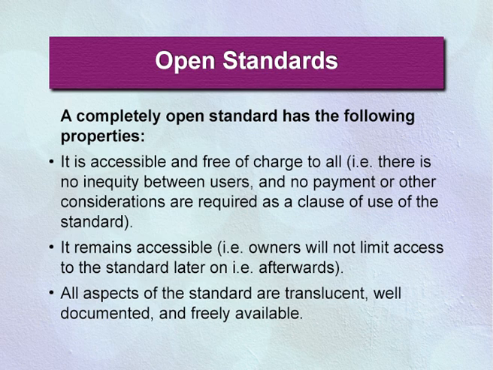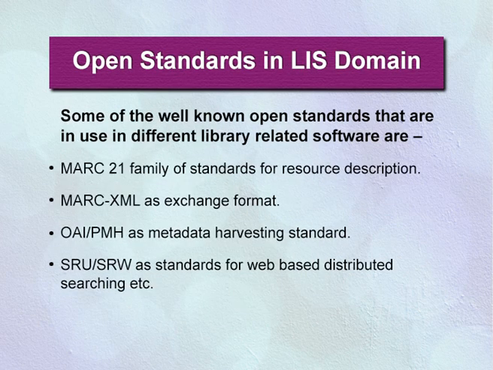So, these are the open standards, and fortunately in the library domain right from the beginning we are using open standards. Say for example, ISBD is an open standard, and you are using AACR2 as a cataloging code, an open standard. Presently in the library automation domain we are using MARC 21, a set of open standards, MARCXML, another open standard, OAI-PMH as a metadata harvesting protocol, an open standard, SRU, SRW in place of Z39.50, all are open standards.